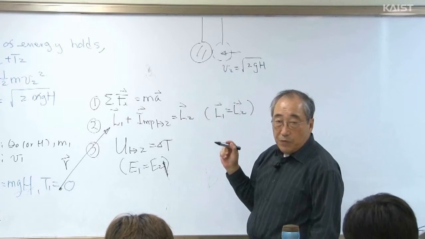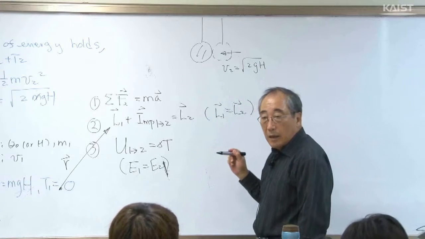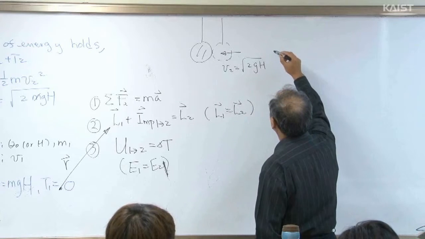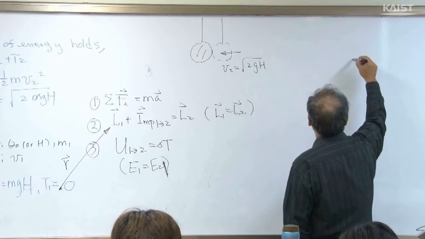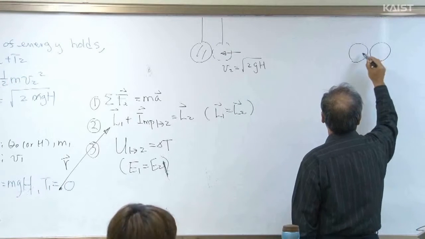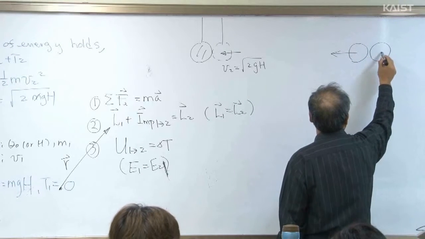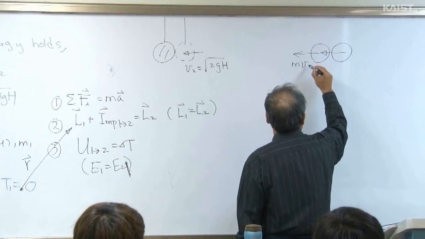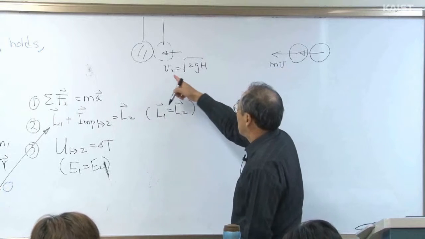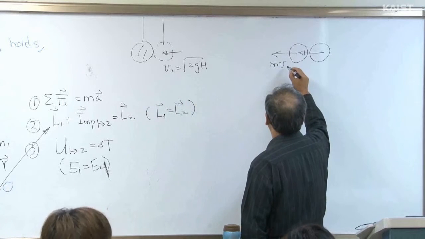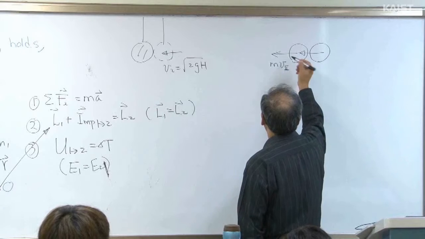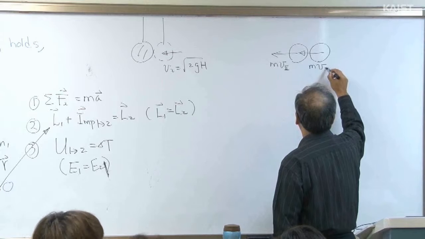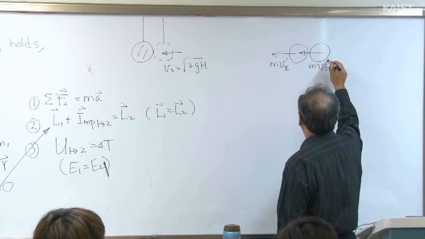This is just before impact. And just after impact, the first mass and second mass will move like that. I use the subscript v2 for the second mass velocity, and I said this is the first mass velocity v1 after impact.